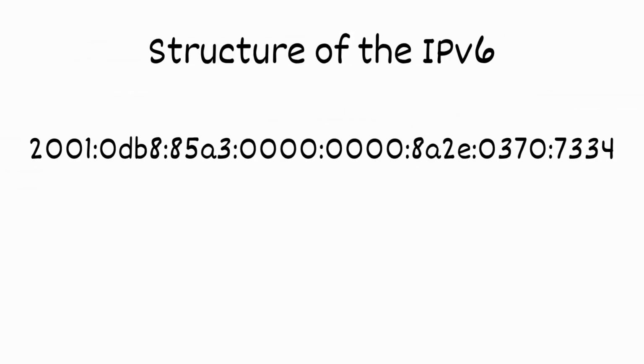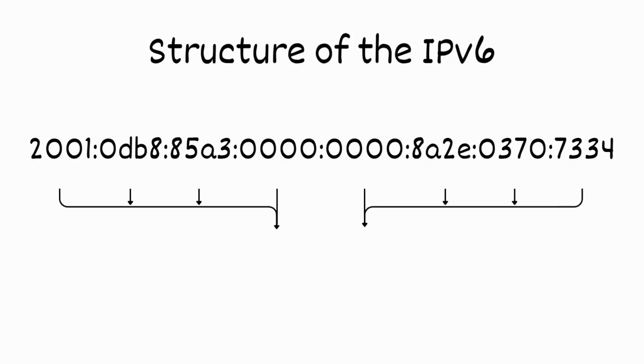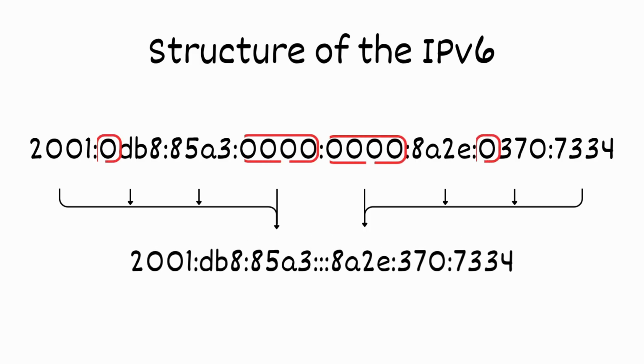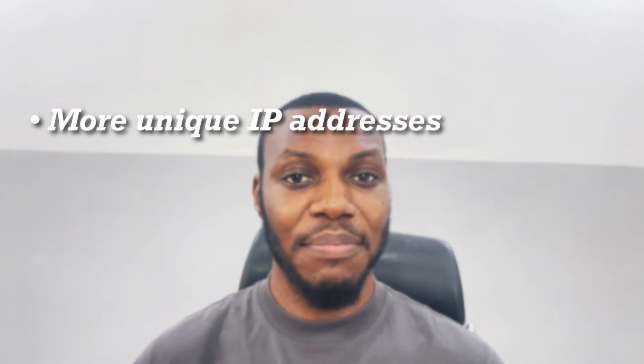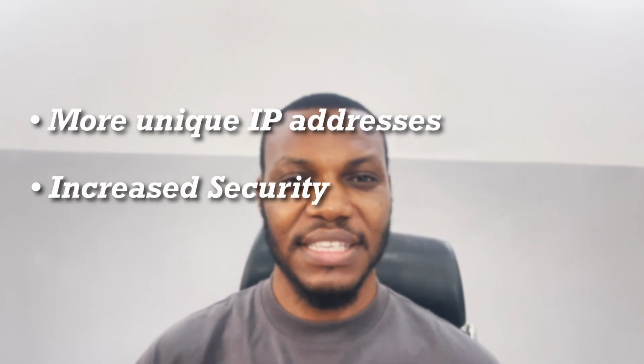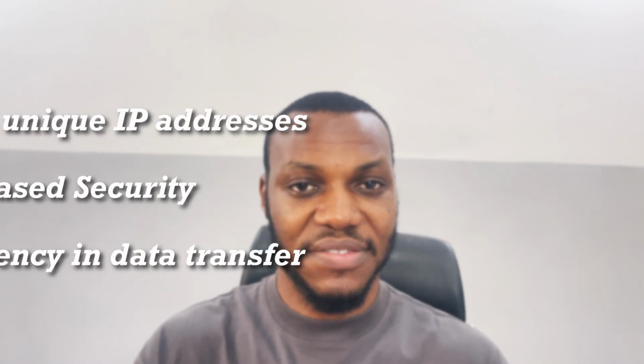Take note that the IPv6 can be compressed to look like this. The beginning zeros can be omitted, but the ending zeros cannot be omitted. This upgrade with the introduction of IPv6 accounts for more unique IP addresses, increased security and efficiency in data transfer, though IPv6 is slowly being adopted by more users.